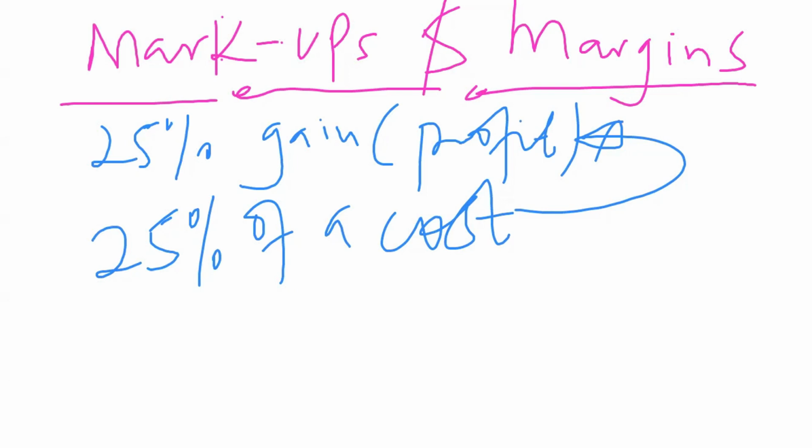Therefore, they will get the 25% and apply that on the cost, and that becomes the gain. So we have computed the gain by just getting the 25% of the cost. So we've computed the gain basing on the cost.